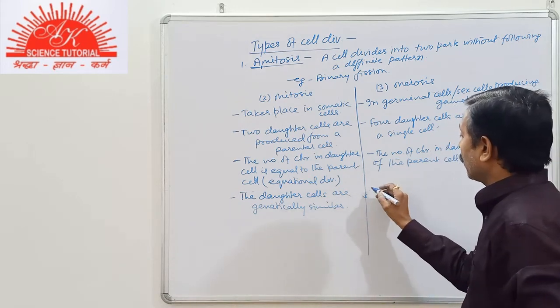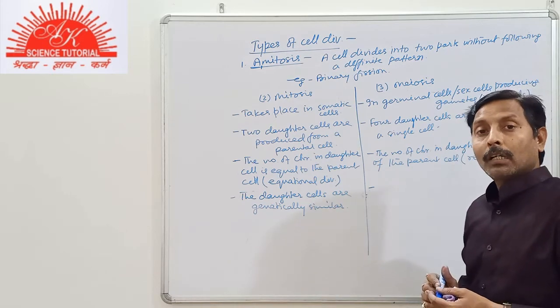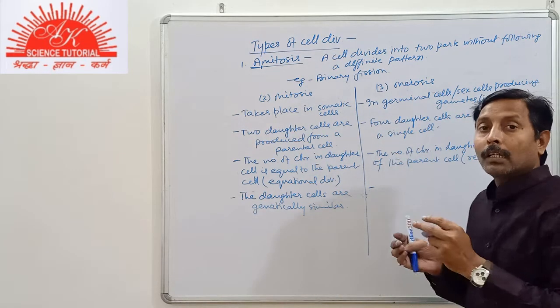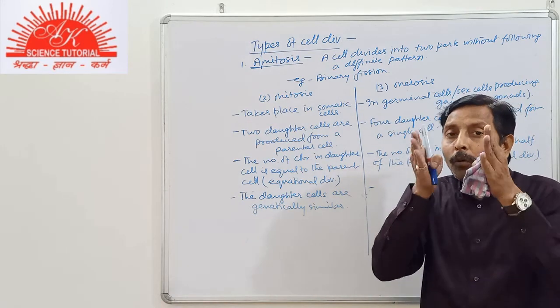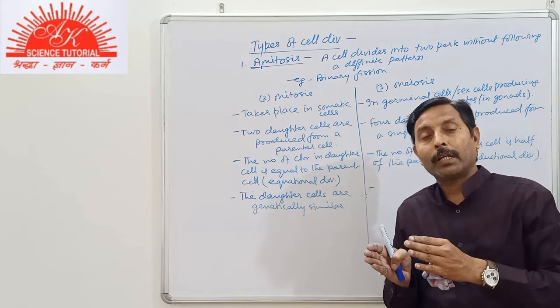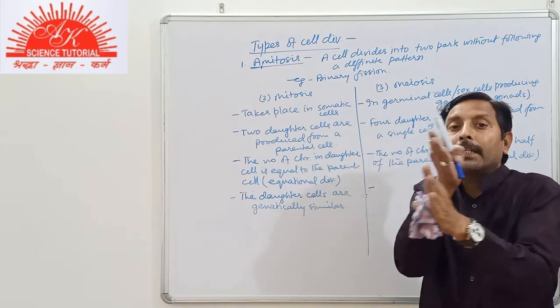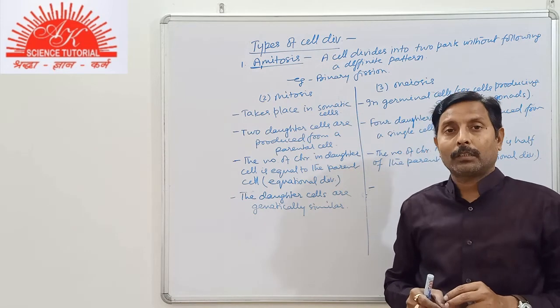Here we will study meiosis, because in this type of division, between the non-sister chromatids of a homologous pair of chromosomes, exchange of genetic material takes place. That is called crossing over.